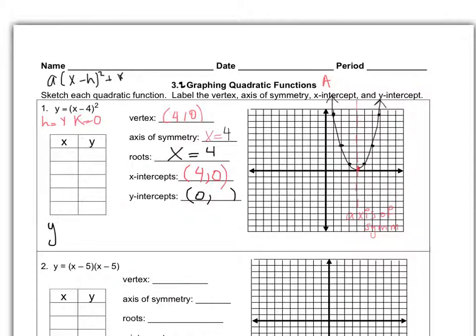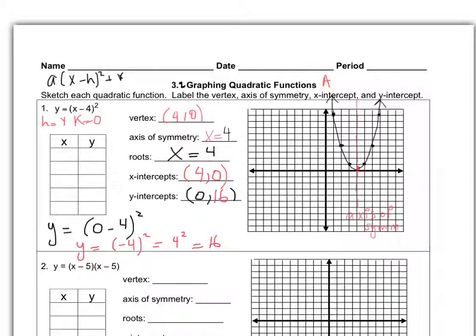So what you can do is plug in 0 for x in the equation and solve for y. So y is equal to negative 4 squared, which is 4 squared, which is 16. So my y-intercept is (0, 16). So that's how you graph a quadratic equation if it's written in the vertex form.